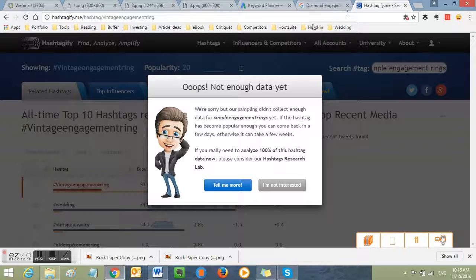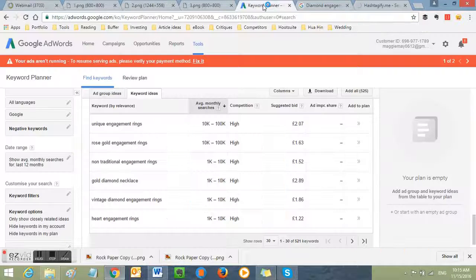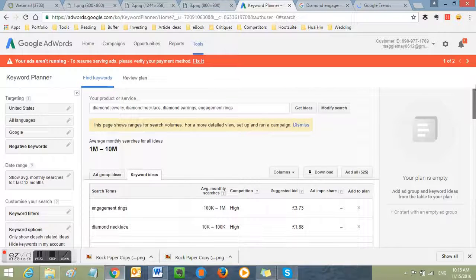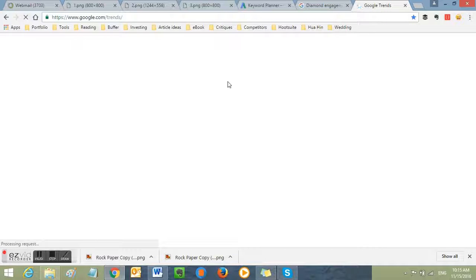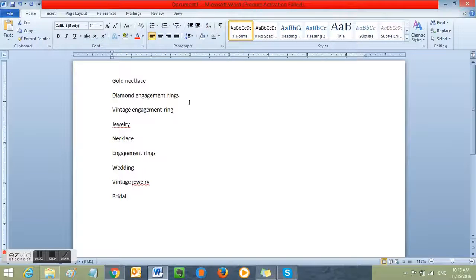What we're going to do is go back to Google Trends, because I closed the window. Google Planner is still open. We're going to use it again. Now Google Trends. We're going to check the phrases that we have just added and compare them with the previous ones.